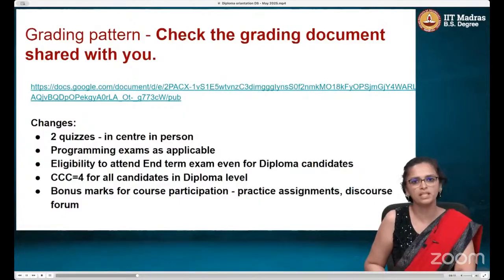So the basic components, 2 quizzes and 1 final exam, are there in most courses of the diploma level. But apart from it, you also have the OPPs.